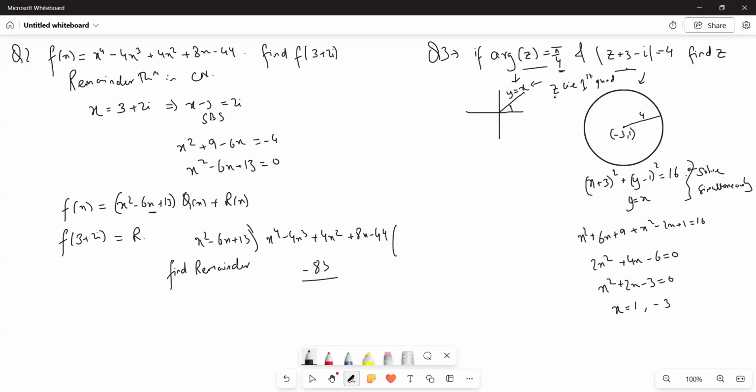So considering that we want z to lie in the first quadrant, what value of x would be valid? X has to be 1, which will imply y is equal to 1. Therefore, z would be 1 plus I. Z is 1 plus I. समझ आया सबको? हाँ सर. Okay.